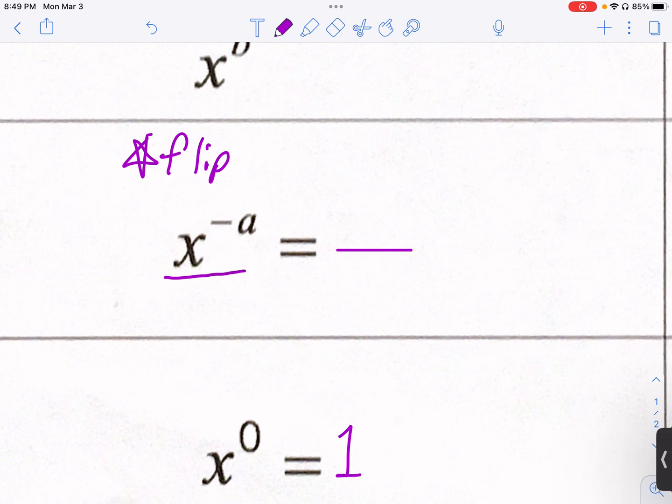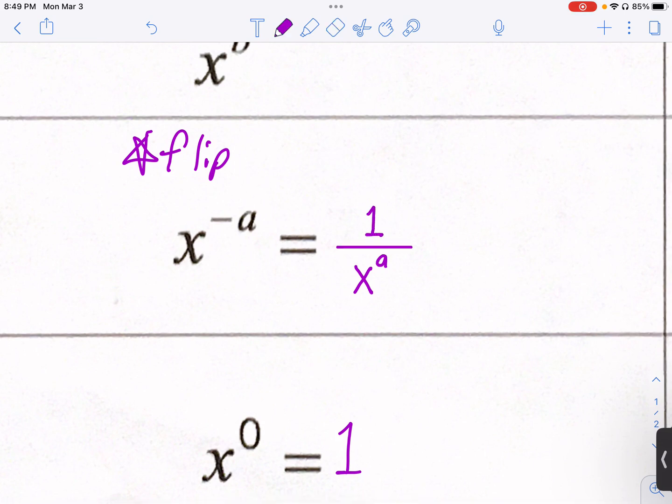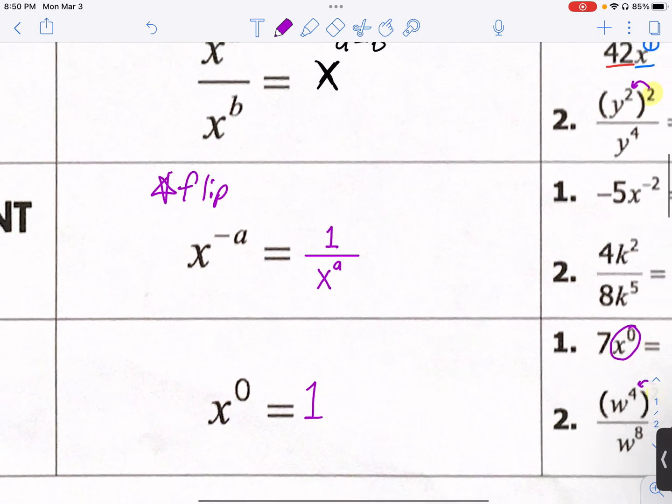Again, remember, especially from slope, if we ever needed this to be a fraction, we just put it over 1. In this case, it's in the numerator. This is now going to flip to the denominator. And I'm going to get x to the positive 8th. Okay. After that, again, I can't leave it blank on top. And very similar, we're just going to put a 1 on top. And this is what you should get.